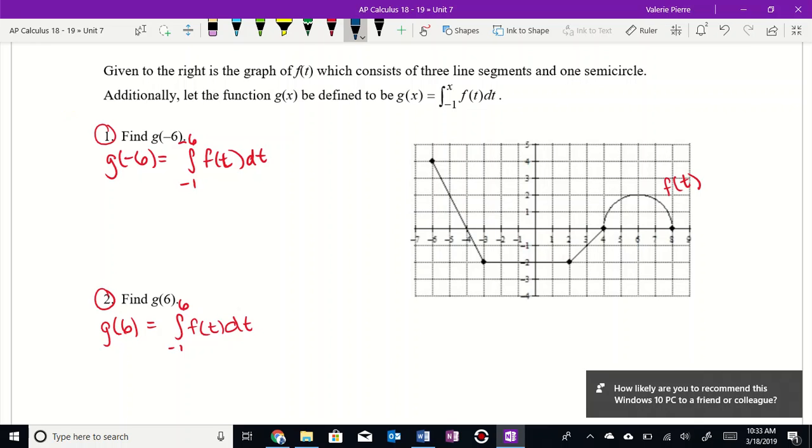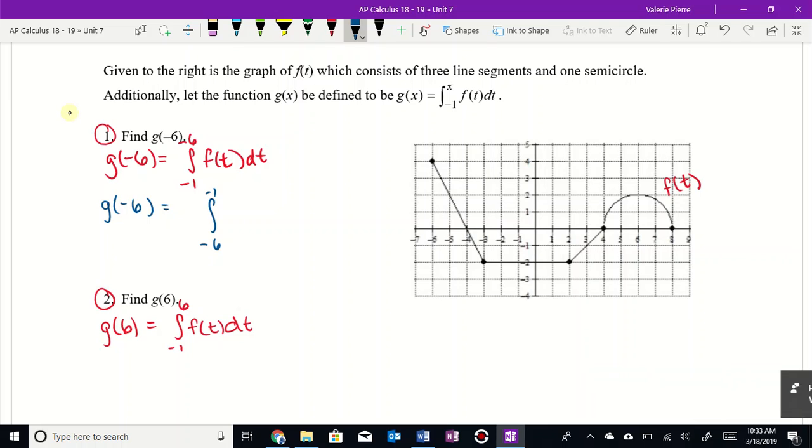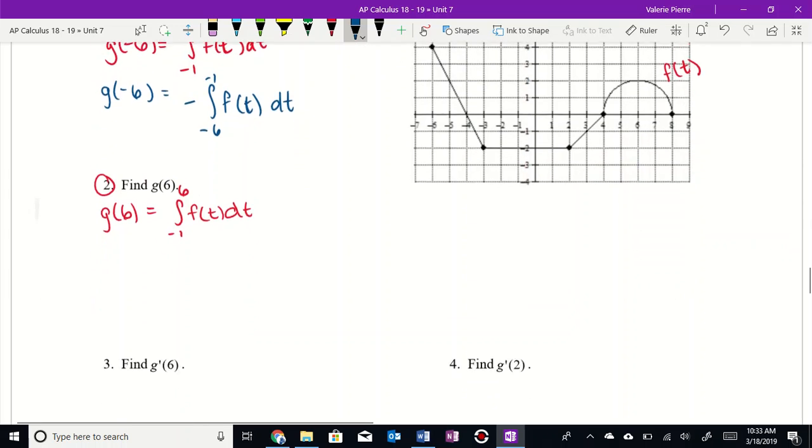Those limits of integration need to be flipped. So g of -6 needs to be equal to, because we need to have the smaller number on the bottom, -6 to -1. And when we flip limits of integration, we need to change our sign to negative f of t. Okay, so work on those 2 problems and we will continue on.